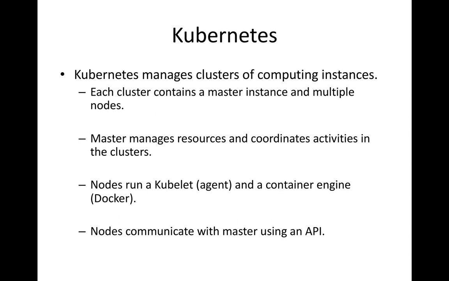Now, we don't use Kubernetes in this class, but I should note that Kubernetes is now probably the most popular orchestration platform in the marketplace, and it's used by a number of large regional organizations.